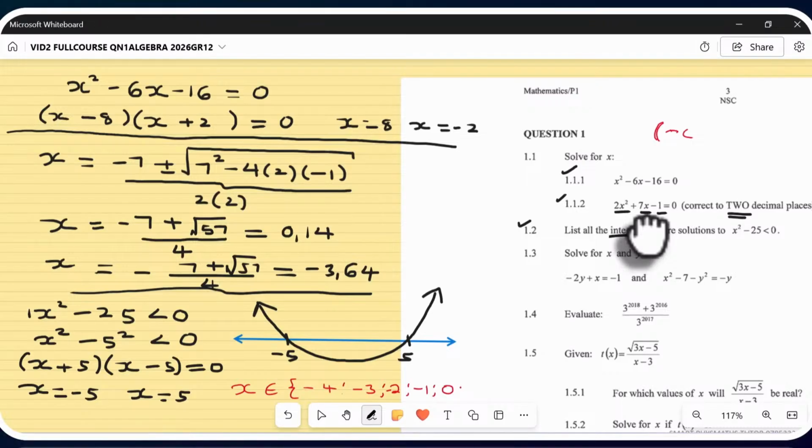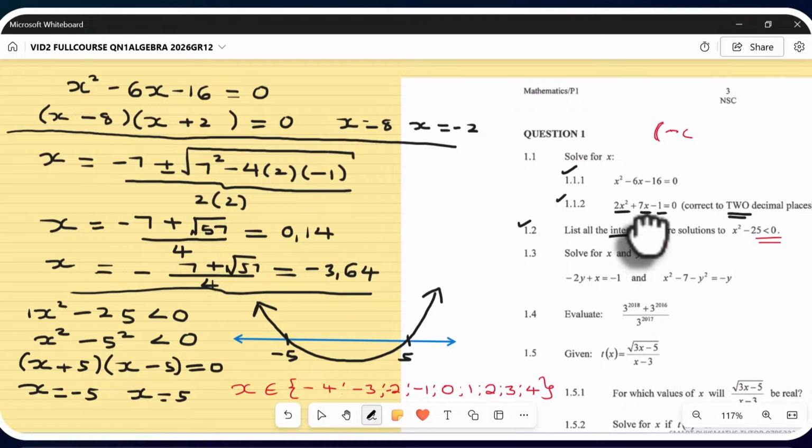Next question. Solve simultaneously. Like we said before, look for the equation which is linear, and then you make either x or y the subject of the formula. So here, I can say that x equals 2y minus 1.